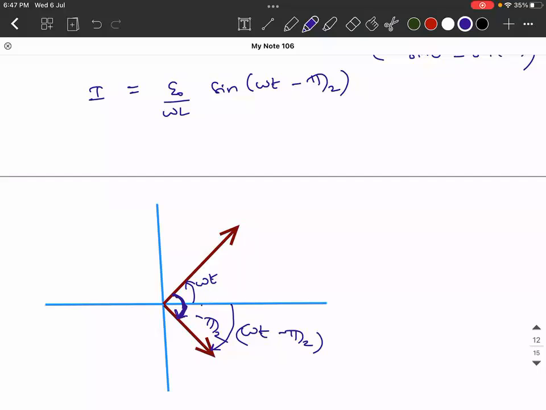Omega t minus pi by 2 is equal to minus pi by 2, because clockwise direction.